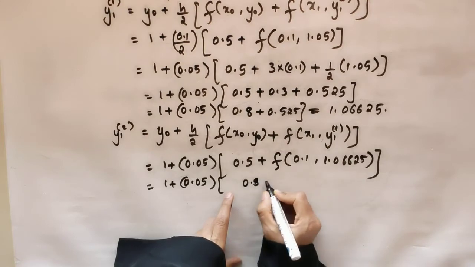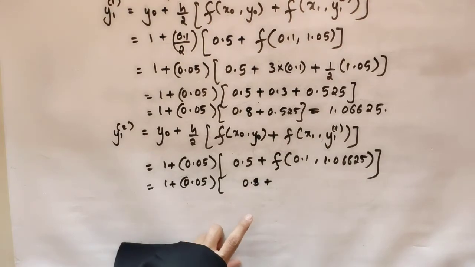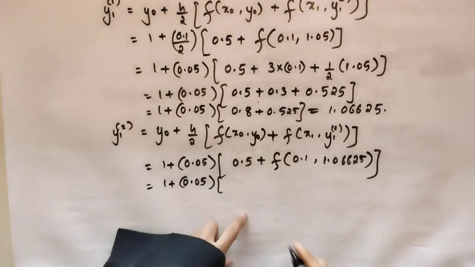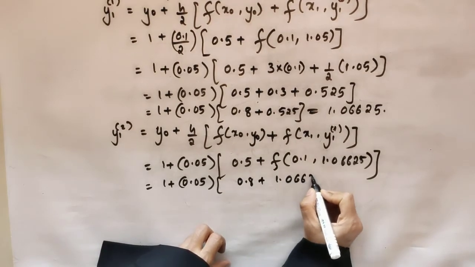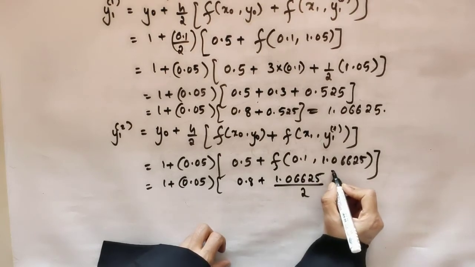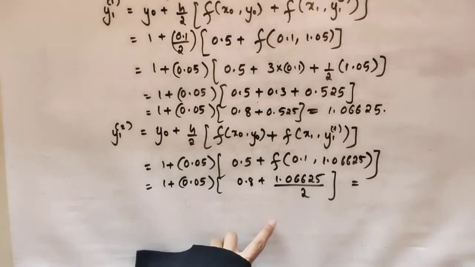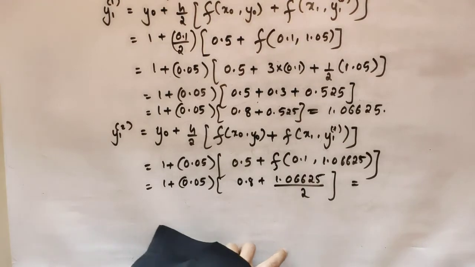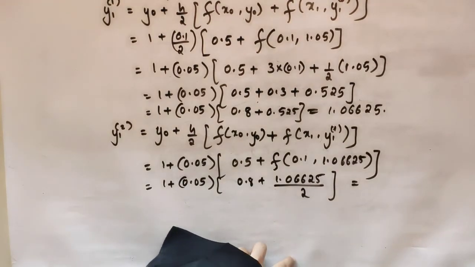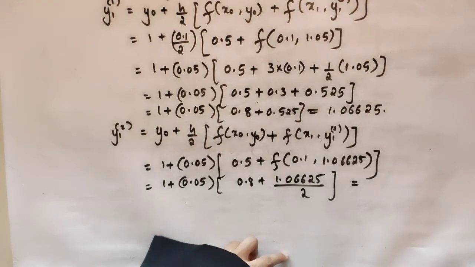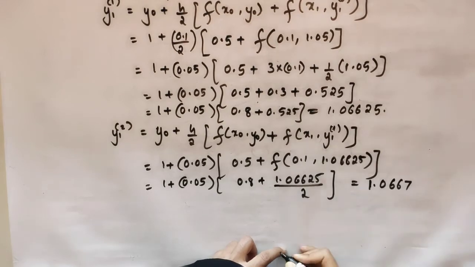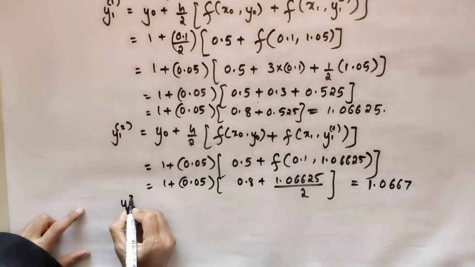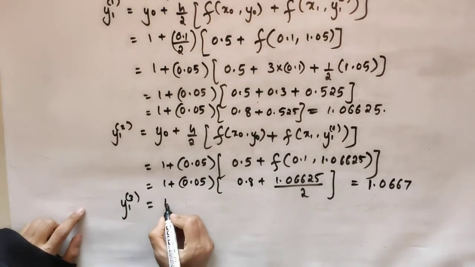So it's going to be 0.8 plus this value divided by 2, no. And if you put this in your calc and evaluate, you will end up with 1.0667.